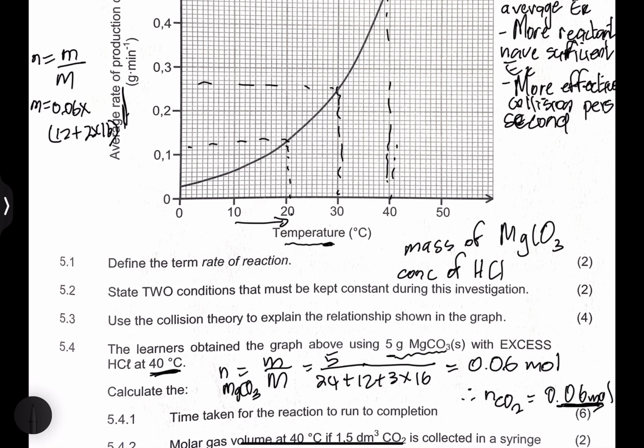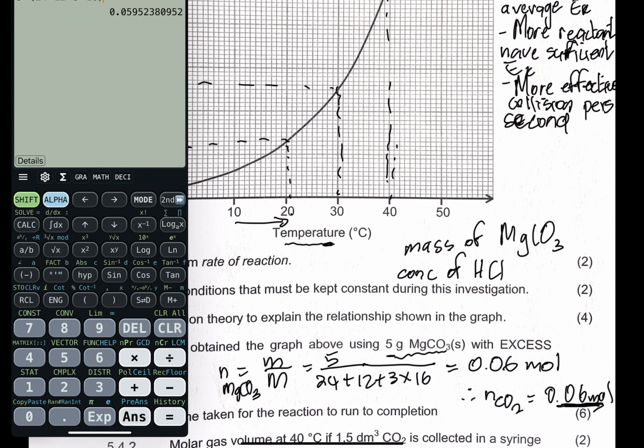So if we multiply that number, 0.06, multiplied by carbon, which is 12, plus 16 times 2, I get a value of 2.62.